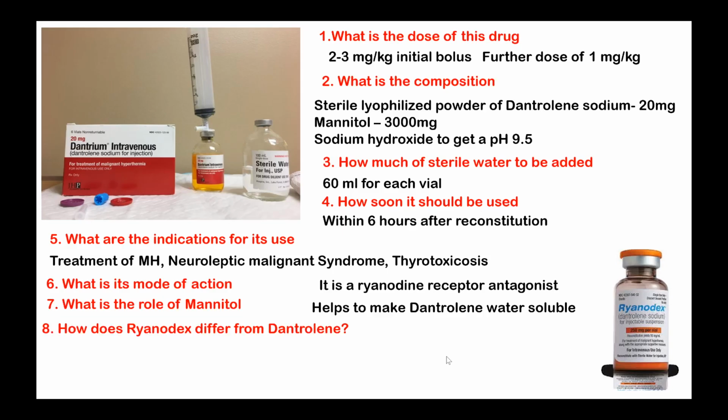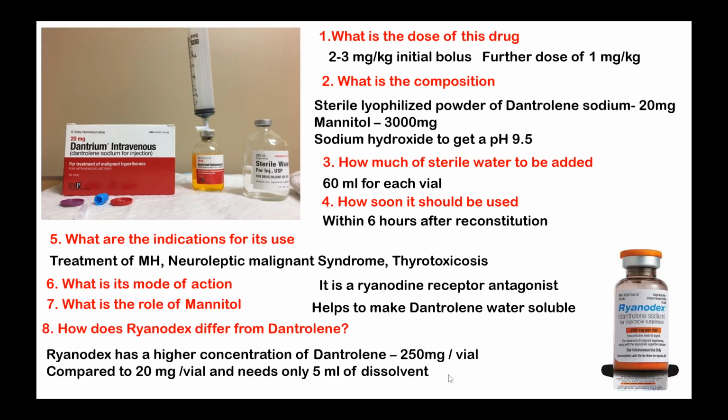So with the earlier preparation of 20 milligram, you have to dissolve at least 10 to 15 vials, and with every vial you have to mix it with 60 ml of water. So nowadays you have 250 milligram vials where you just dissolve it in 5 ml of diluent. So it is much easier to prepare and administer. So that is Ryanodex.